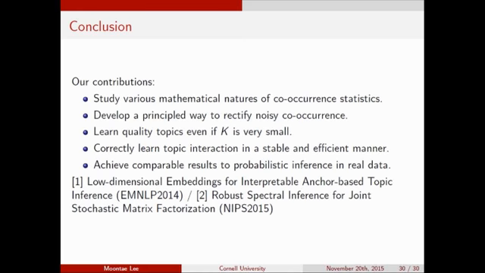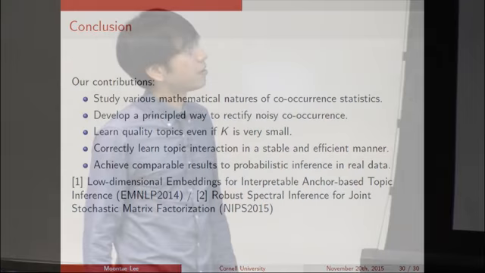So, the conclusion. We studied the various mathematical natures of the co-occurrence statistics. And this might be exciting because, as all of you know, the word embedding methods are all based on word co-occurrence, while they are not coming from these topic modeling assumptions of there being clusters of words in natural language.